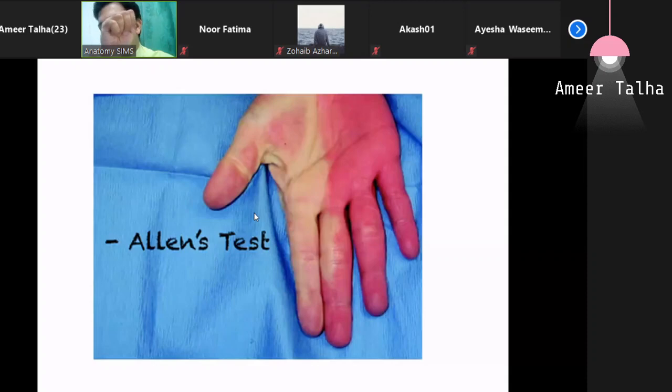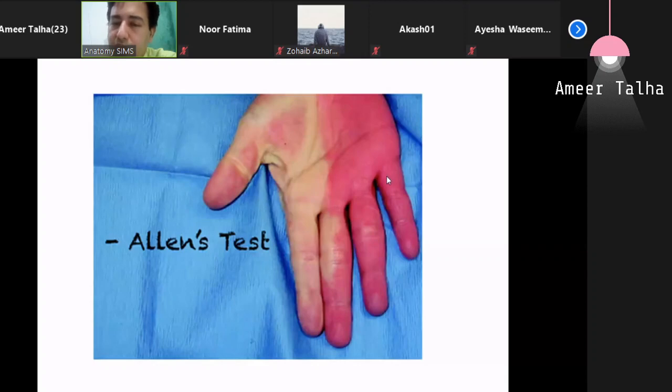You repeat the same procedure. The palm would again be whitish in appearance, and now we release the ulnar side, and the palm should again become red within 2 or 3 seconds. This shows that both the arteries are functioning normally.